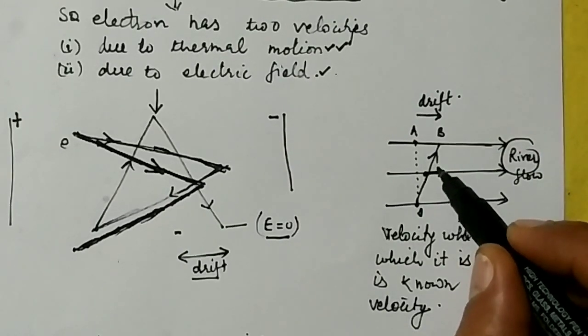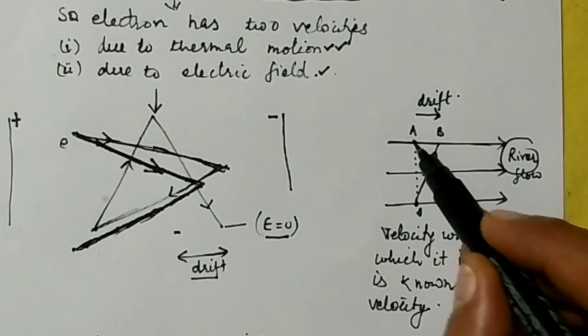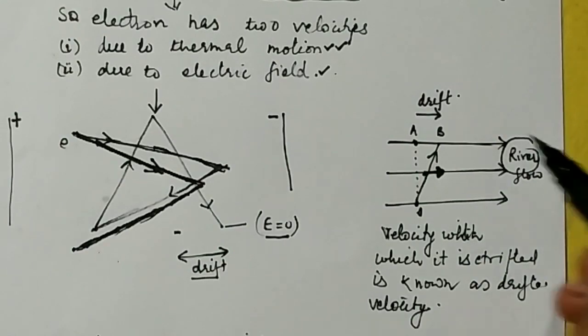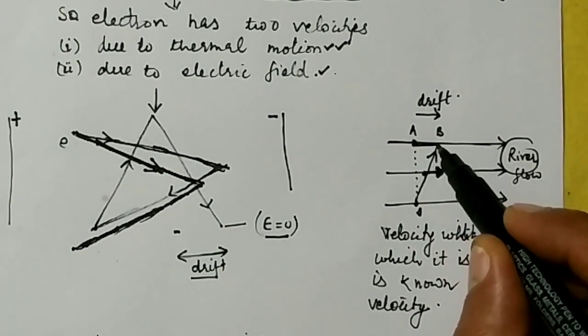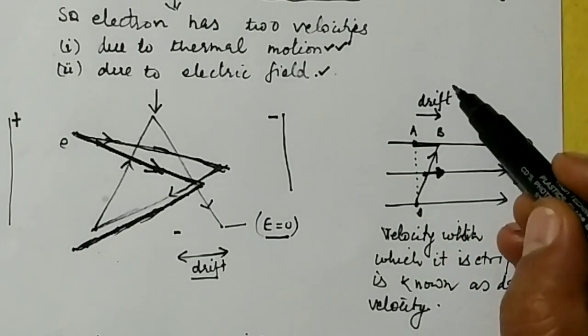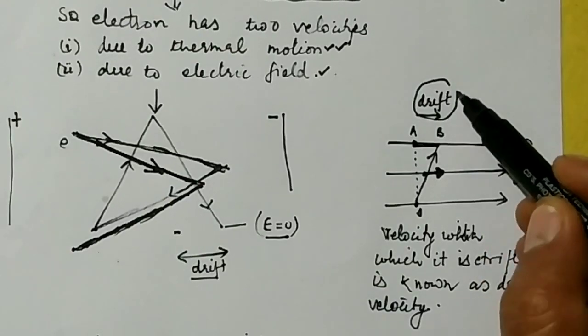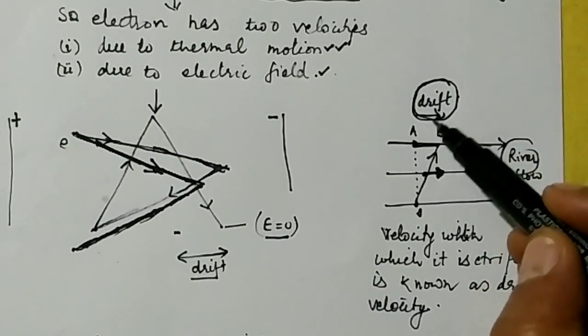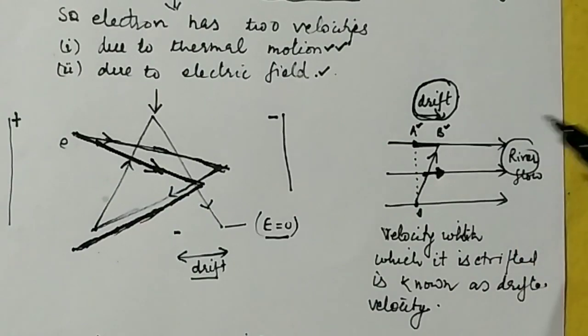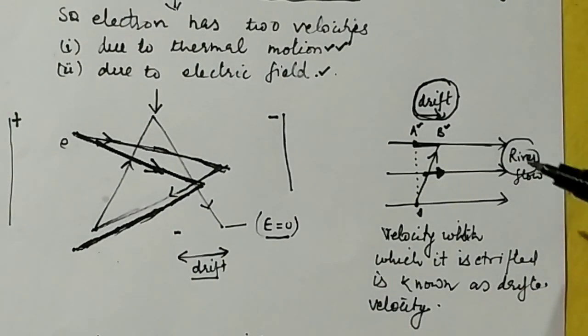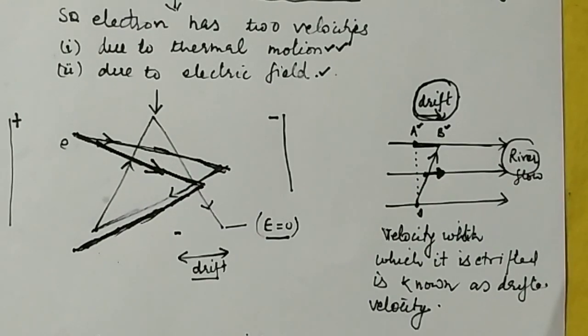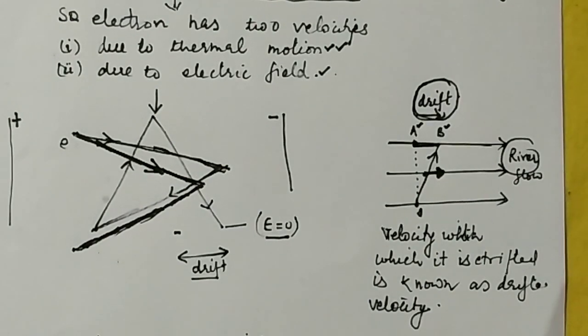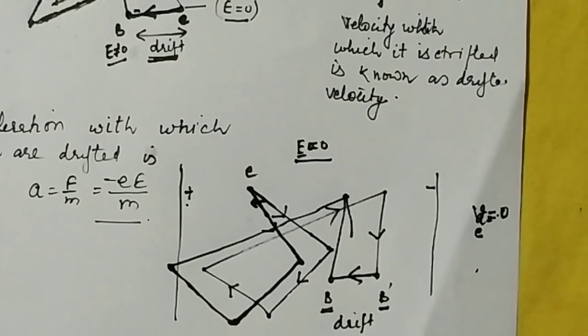Because of this push, I will not be able to reach point A. I will reach point B. That is known as drift. I have been drifted from point A to B. So the velocity with which I have been drifted is known as drift velocity. In the next video, we will discuss the drift velocity.